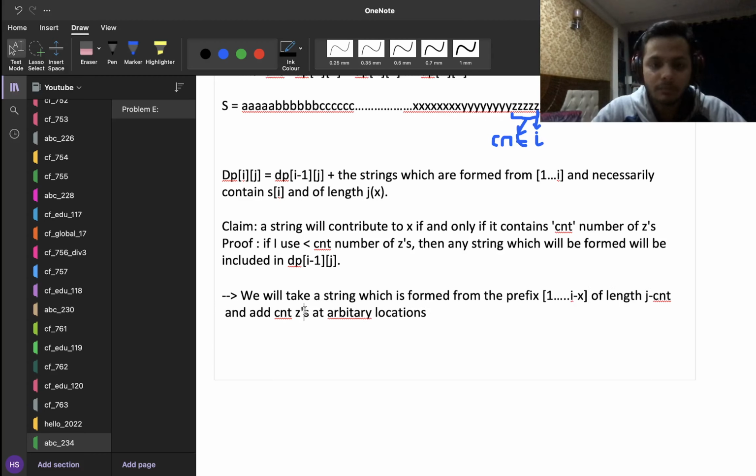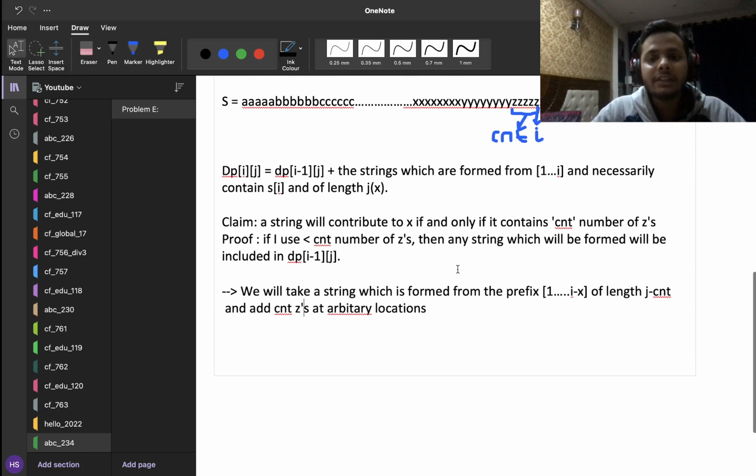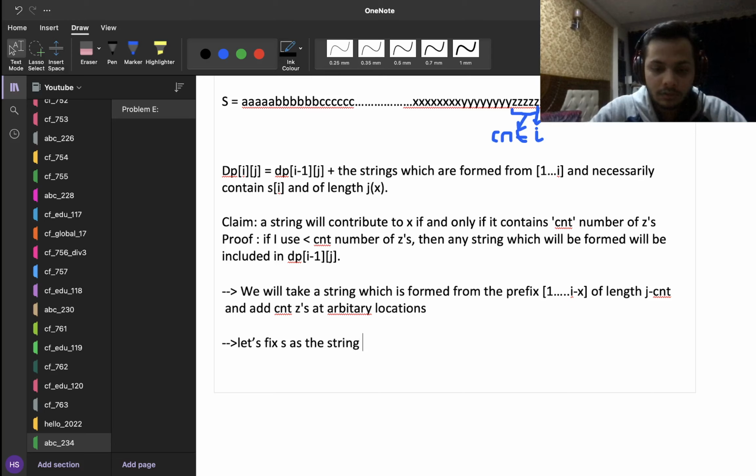And so yeah, for any string which can be formed from the prefix I minus x and of length j minus count, I'm just taking that string and adding count amount of z's at arbitrary locations, right? So let's fix s as the string of length j minus count taken from the prefix 1 to I minus count.